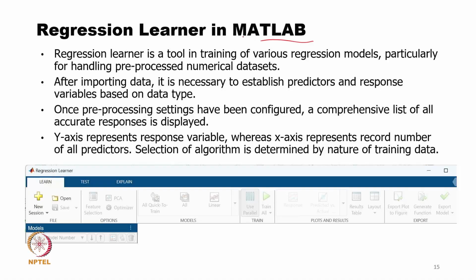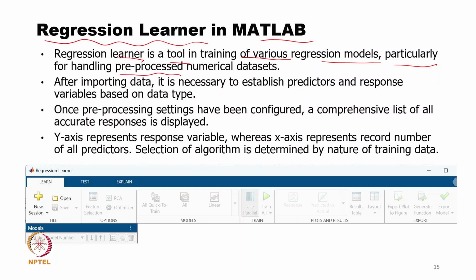Fortunately, MATLAB has brought a new thing we call the regression learner. It is a tool for training various regression models. Even the models we are going to learn in the next lecture, MATLAB has available inbuilt, particularly for handling preprocessed numerical data sets.